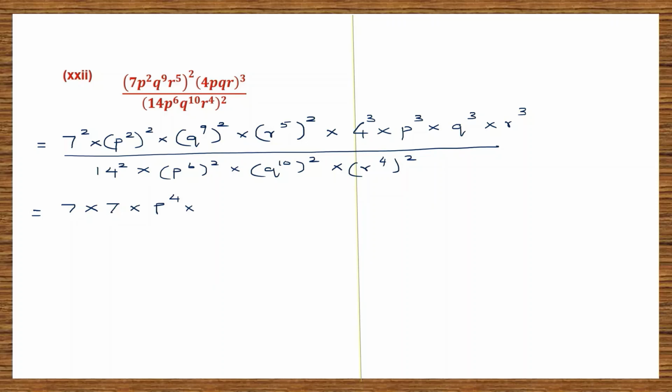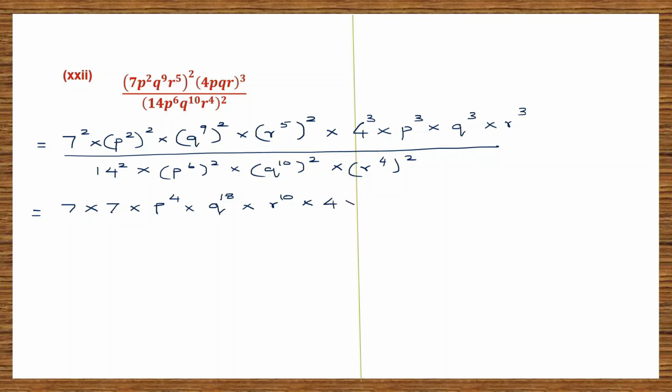Then we go to the next one, that is q. And let's look here. 9 2s are 18. So let's write q raised to the power of 18 into, let's go to the next one, r. R here we have 5 into 2. So r raised to the power of 10. 5 2s are 10. Into, now here also we have 4 3 times. Now let's leave it at that in case we have something to cancel.